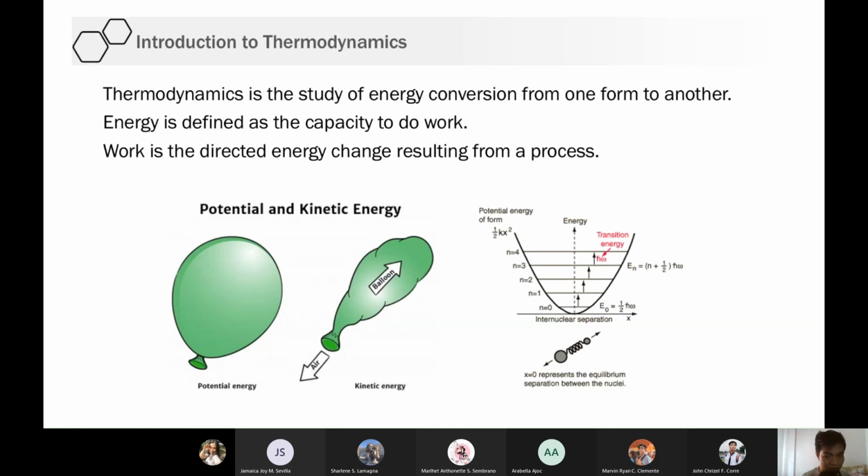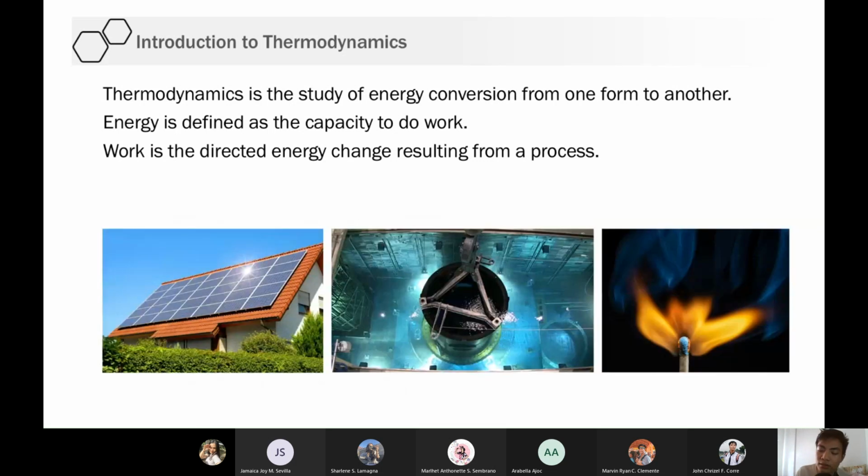So yun yung effect ng vibrational energy. Nagkakaroon ng heat, no? And heat is actually a form of energy. Okay? So from kinetic, nagiging heat siya. And we also know that we can convert one energy to another according to thermodynamics.